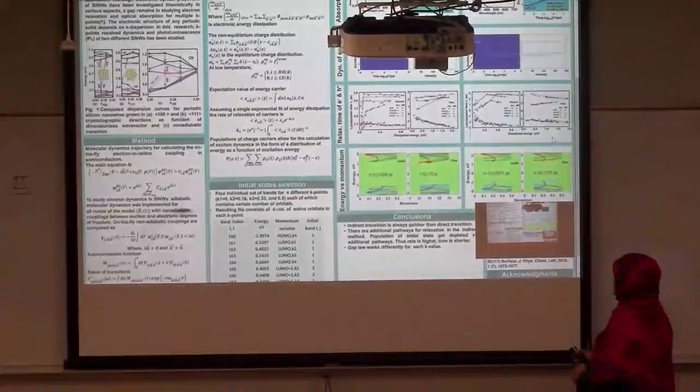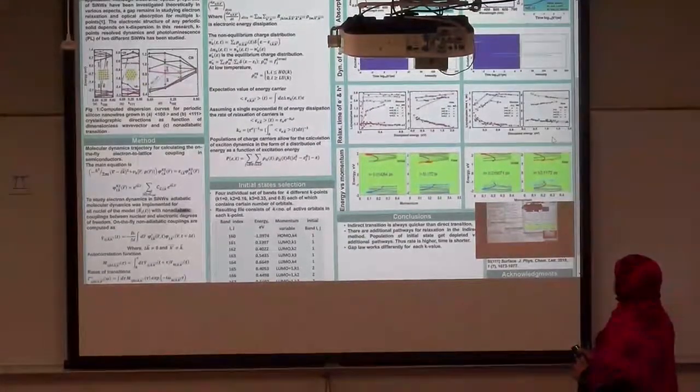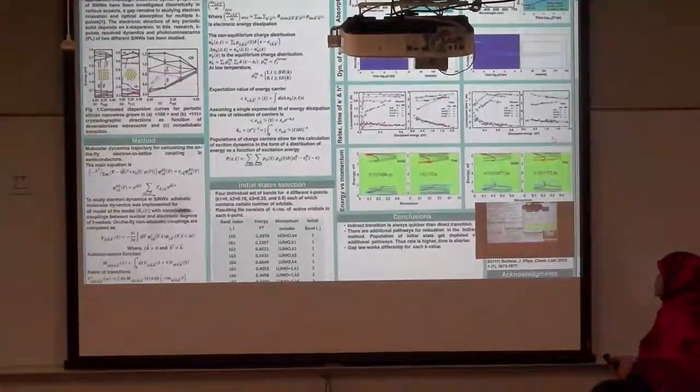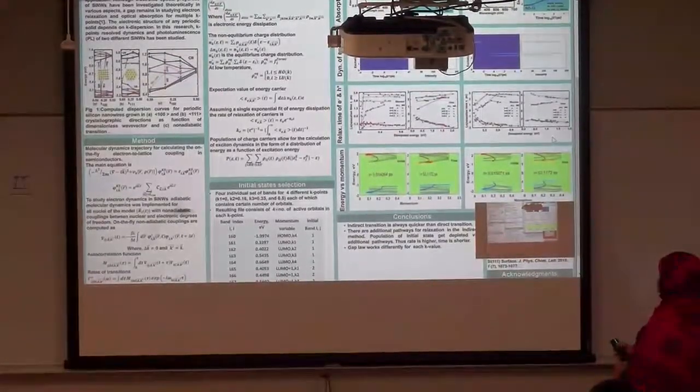We can see here that for a couple of initial excitations, these initial transitions follow the gap law, and after that they follow the inverse gap law as well. But for holes, we can see they follow the gap law for most of the gap arcs. And this figure is supposed to go here.